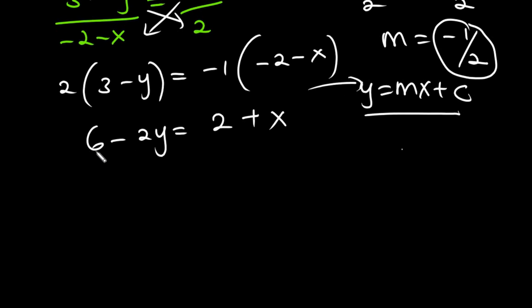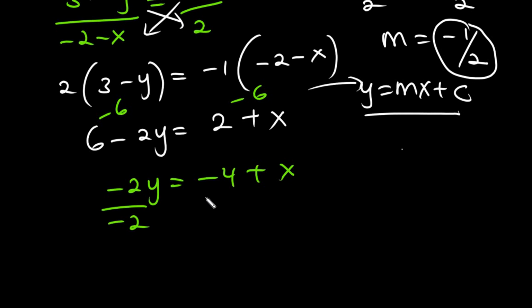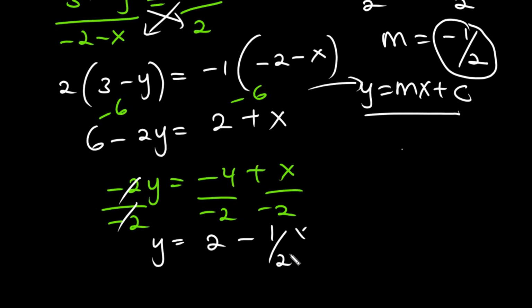This 6, we are going to move to the other side, so we subtract 6 on both sides, so that we have -2y is equal to -4 plus x. Then we divide through by -2, so that on this side we will have y is equal to 2 minus 1/2 x.